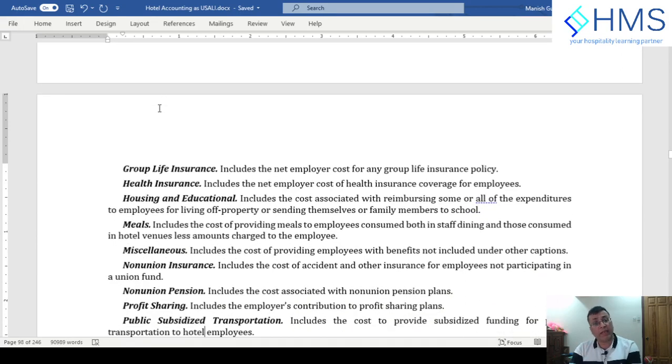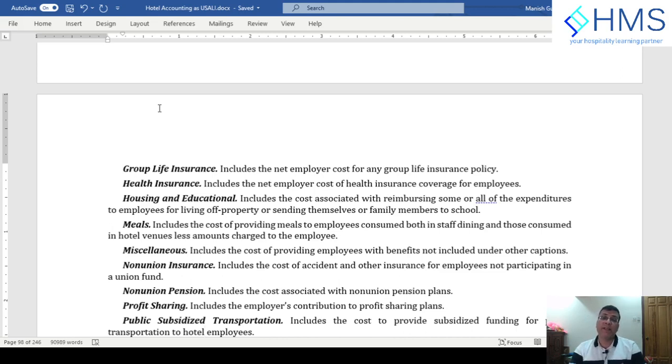Then you have other types of insurance, like group life insurance or health insurance provided to the employees, maybe as a group policy or as an individual policy. You also have housing and educational benefits for all the employees, not only the expatriates.